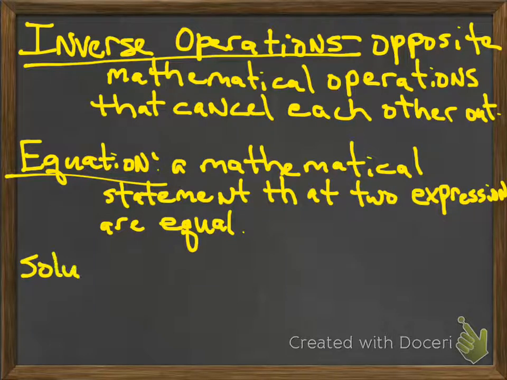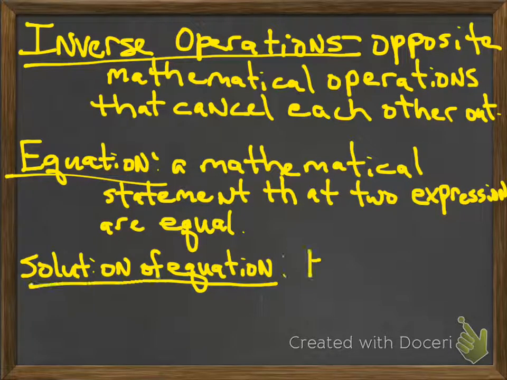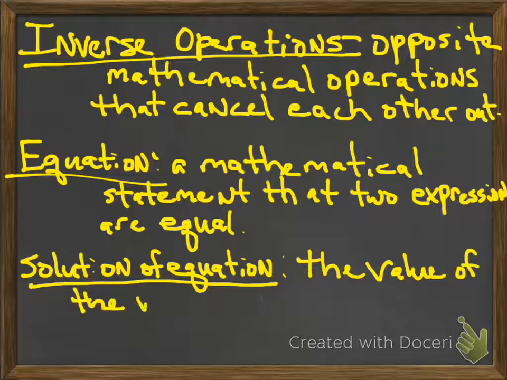And then we're going to decide what is the solution. The solution is the number that the variable represents in an equation. So you're going to see a variable, a letter, a symbol in every equation that will represent some number that you are going to find.